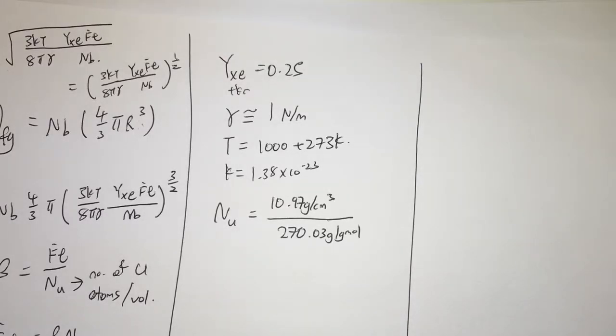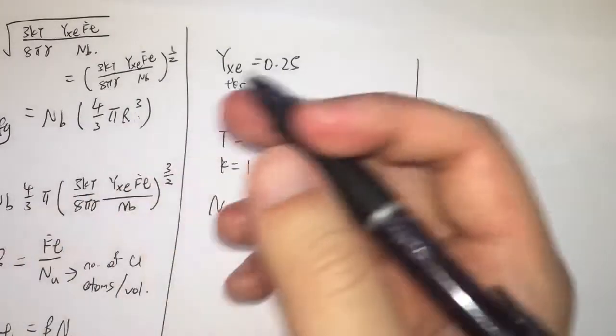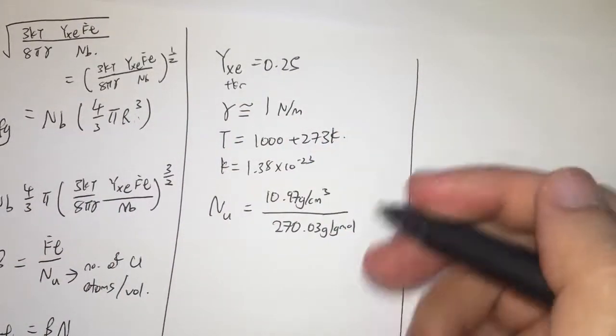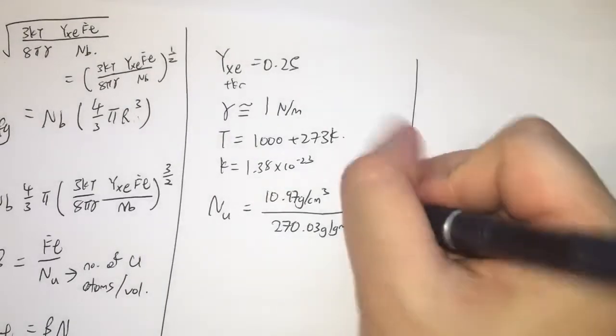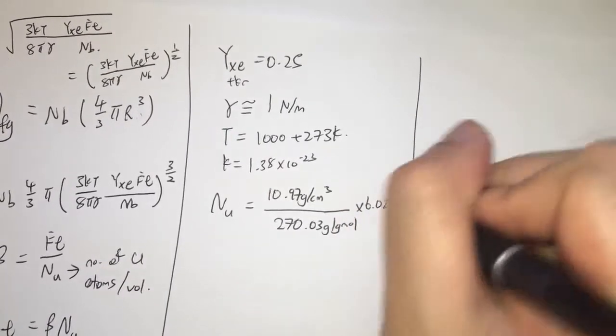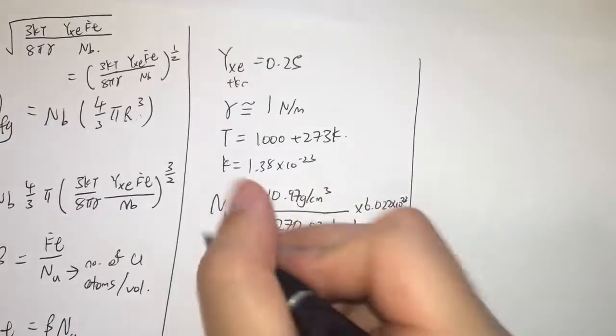So that's 238 plus 32, roughly 270. Of course, if you want to consider the isotopes and all that, sure, why not? But that will give you roughly this answer. Then you multiply by Avogadro's constant, and that will give you the number of atoms per cm cubed. And how much will the burn-up be?